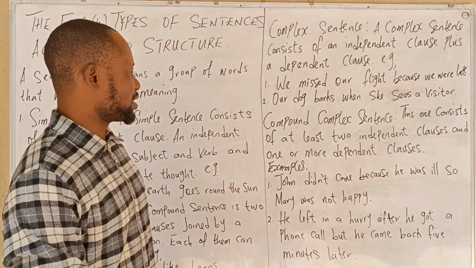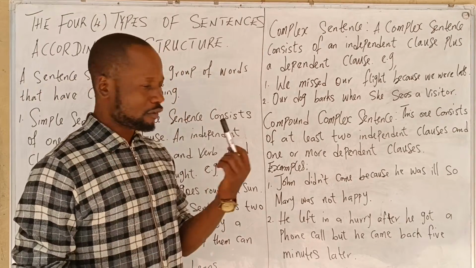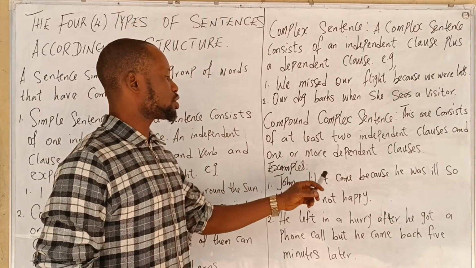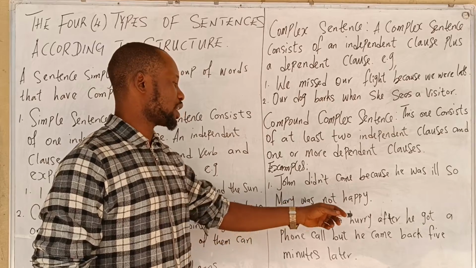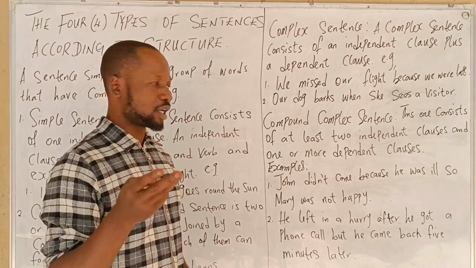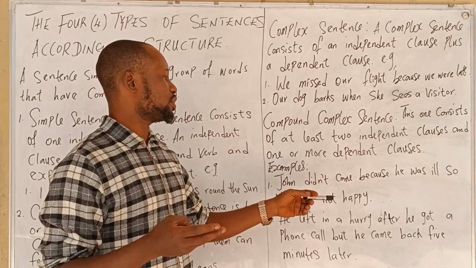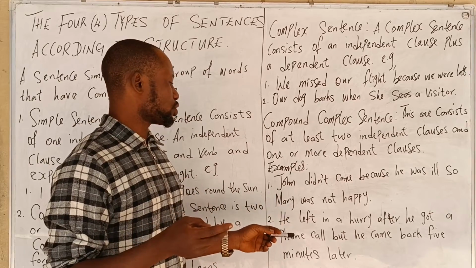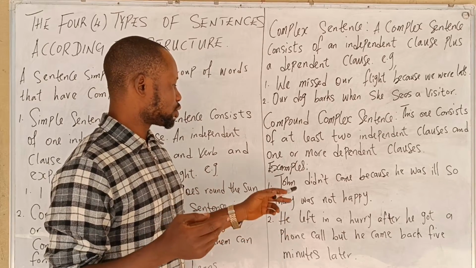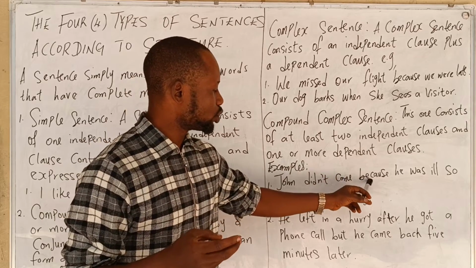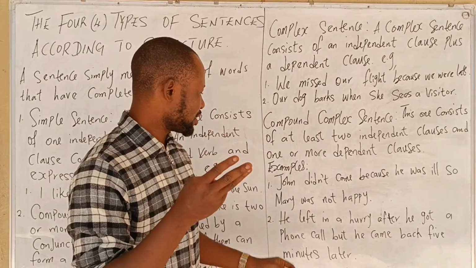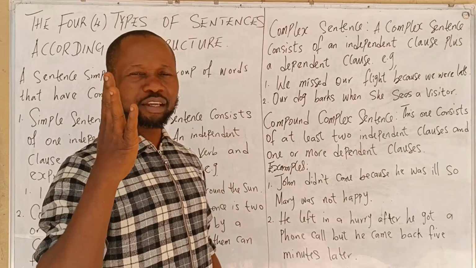All right, let's look at these examples and we are done for today. You say, John didn't come because he was ill, so Mary was not happy. John didn't come, 1, because, 2, he was ill, 3, Mary was not happy, yes, making 4.